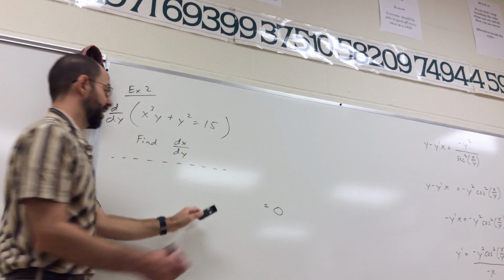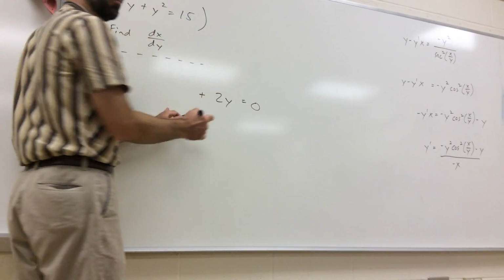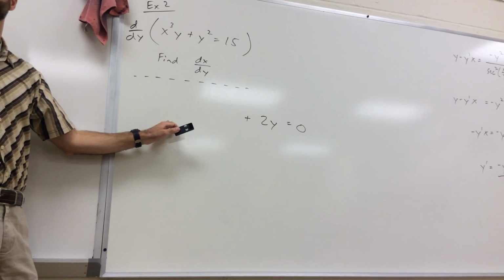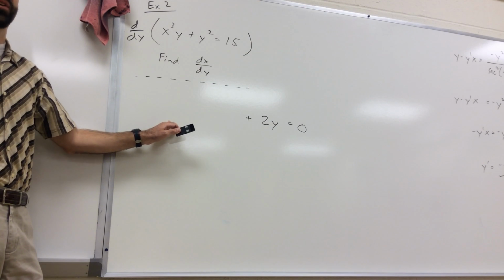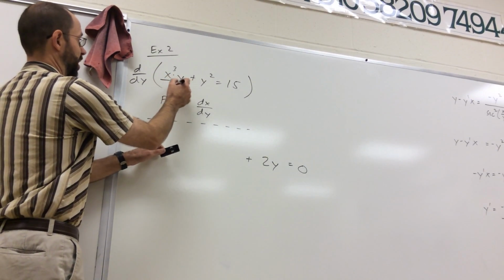So the derivative of y squared is just 2y. And that's because we're doing d dy rather than d dx. That gets back to the question you were asking yesterday, Bailey, right? Good. Okay, so then this is a little harder because it's product rule.